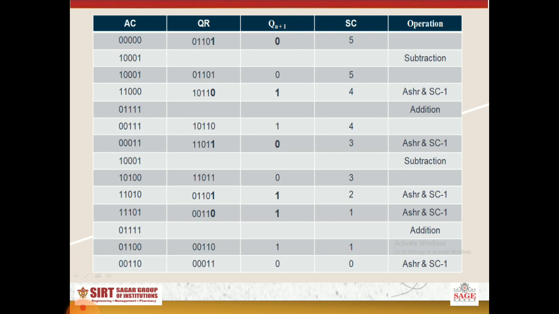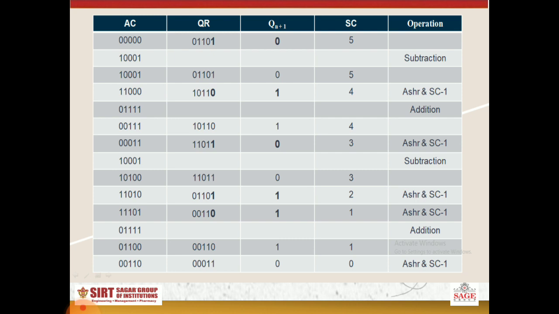So the subtraction operation is performed here. So add the value of BR bar plus 1 in AC. After adding, we got some values. Just check it here. After that, we also perform the arithmetic shift right operation and decrement the value of SC.